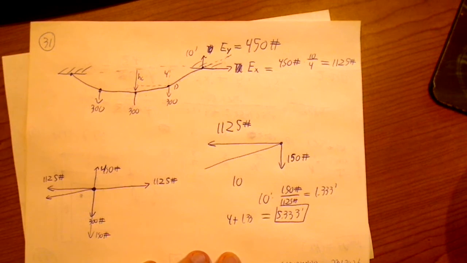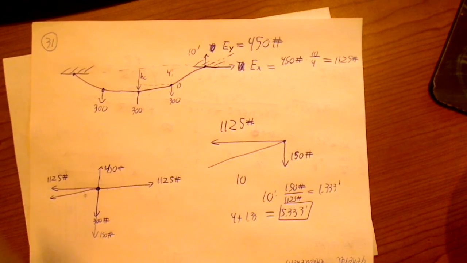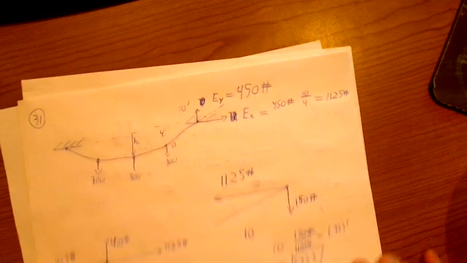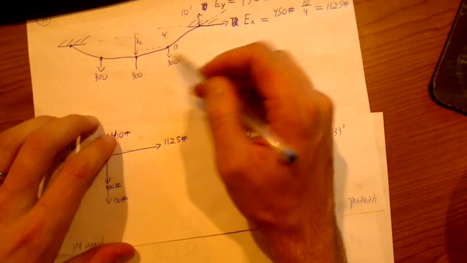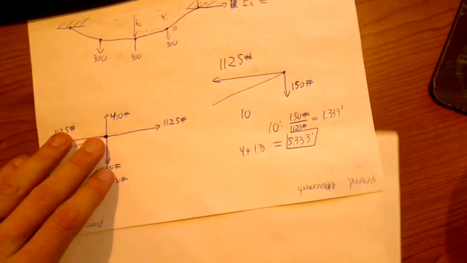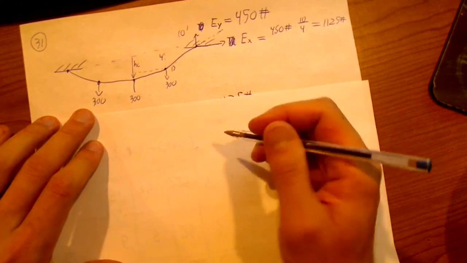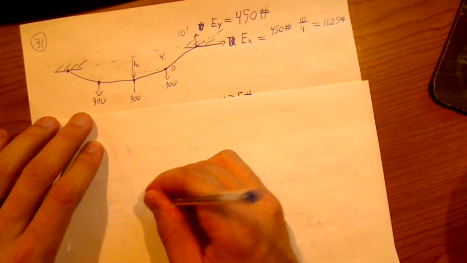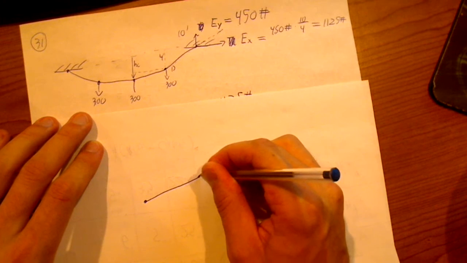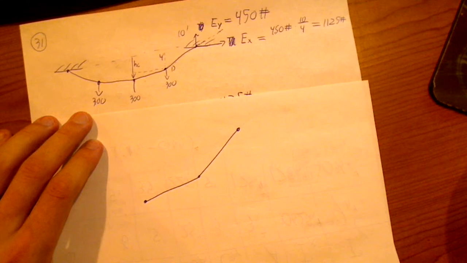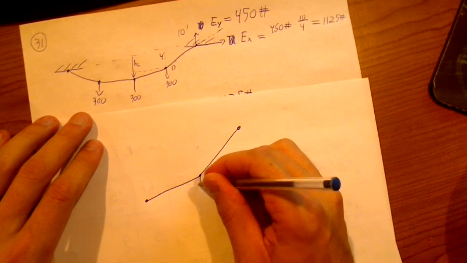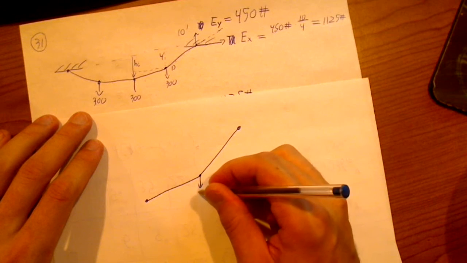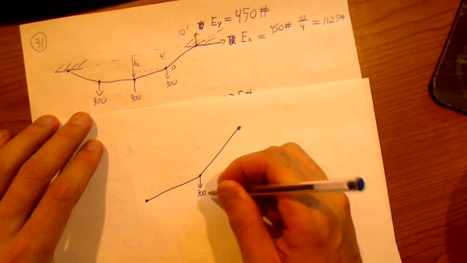Now there's actually another way you can solve this if you're clever. If you look at the right section of the wire right here, let me do this. If you look at that right section of wire, this is in static equilibrium. All the forces and moments on this business have to sum to 0. There's a 300-pound load here.